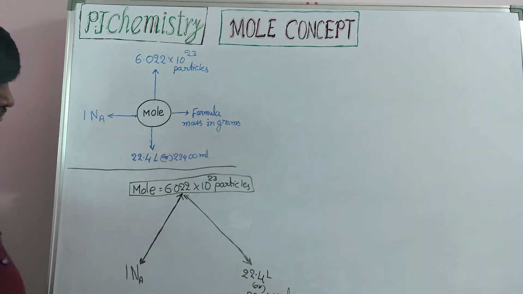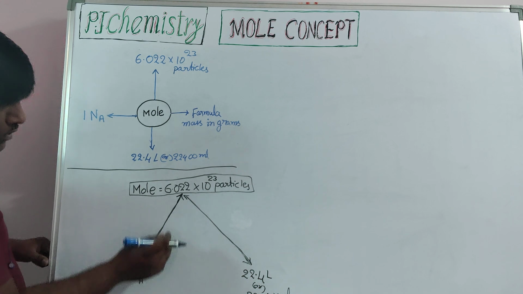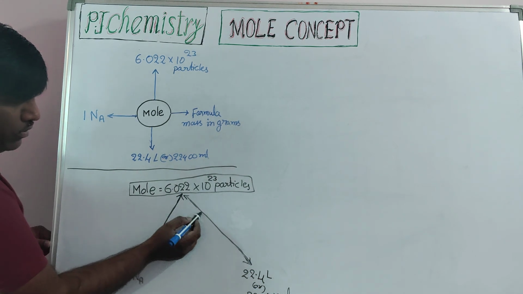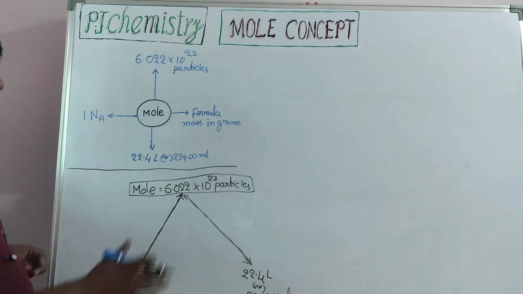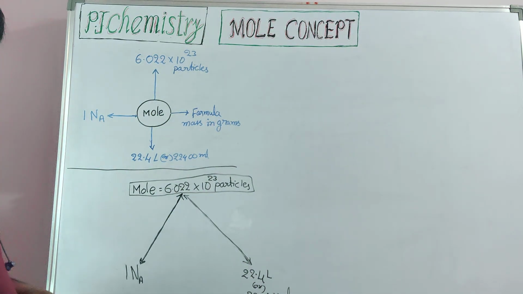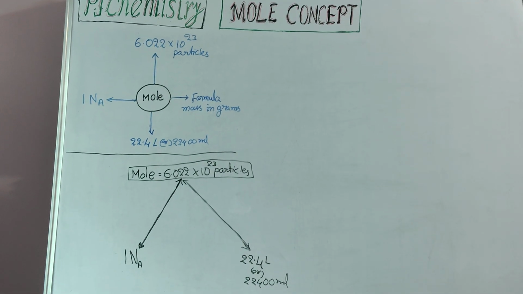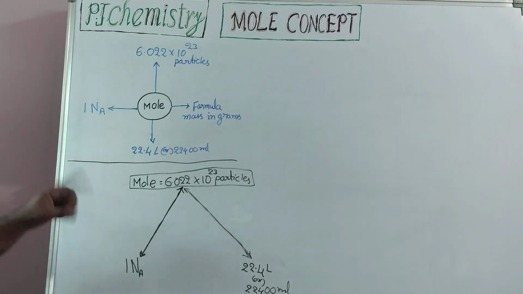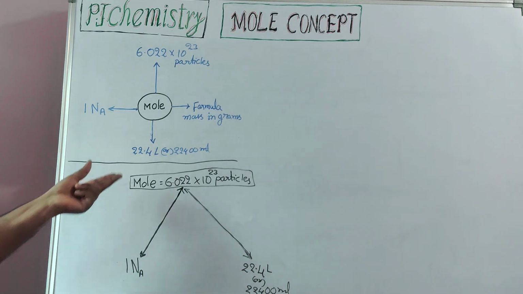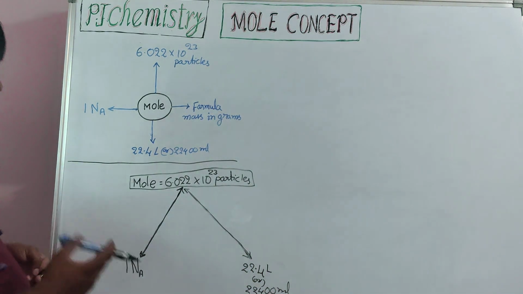Now, questions between these: they may ask particles to how many liters of volume occupy, or particles to how many Avogadro numbers, or particles to mole, mole to particles, Avogadro numbers to mole, mole to Avogadro numbers, like that.